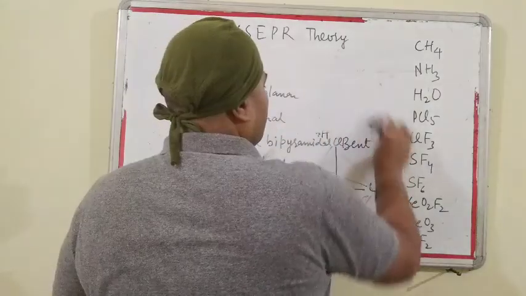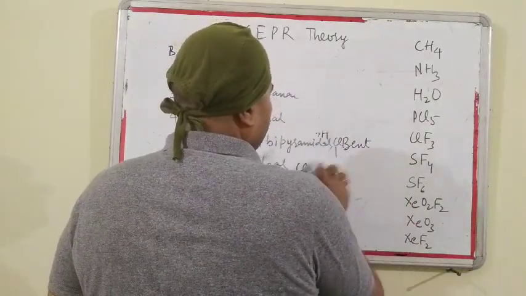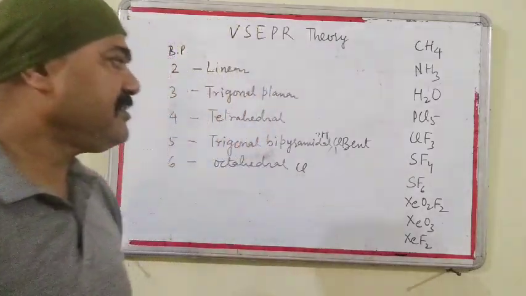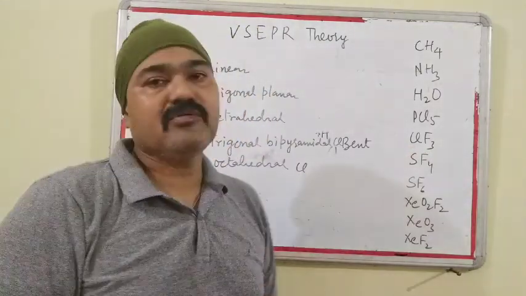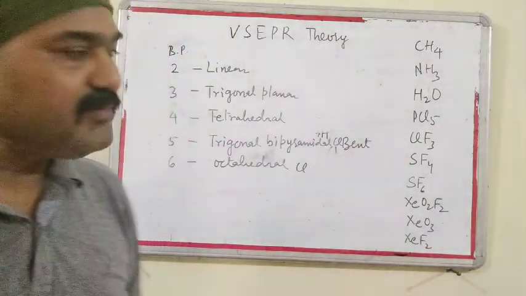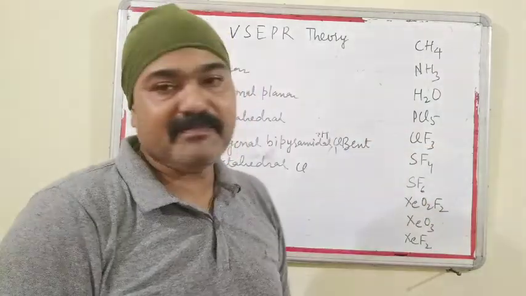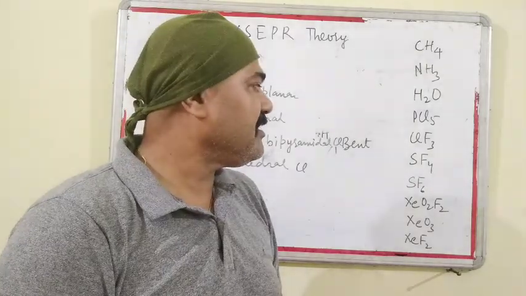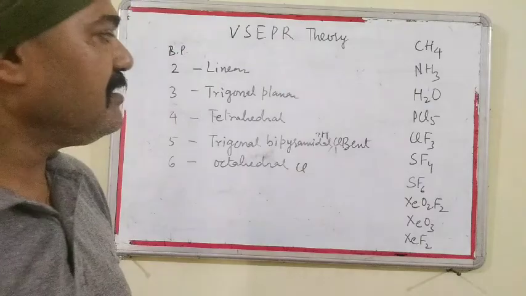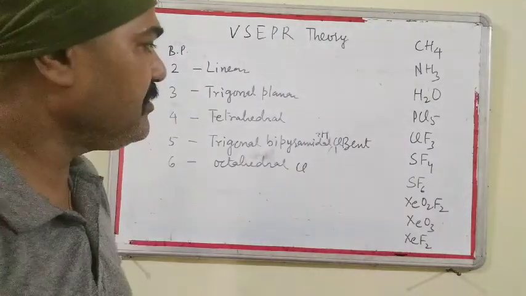Now we discuss the shape of ClF3. In ClF3, the outermost electrons of chlorine are 7. It forms 3 bond pairs with 3 fluorine atoms, and the remaining 4 electrons are in the form of 2 lone pairs.